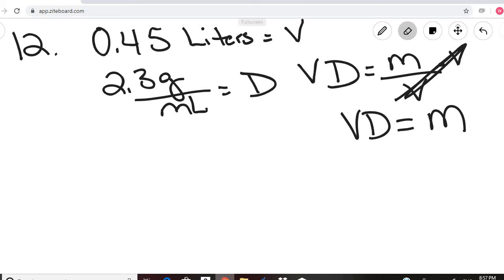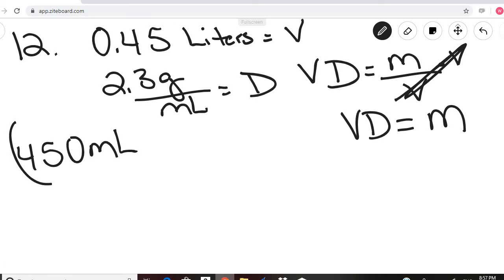So the volume, we figured it out before, as 450 milliliters.